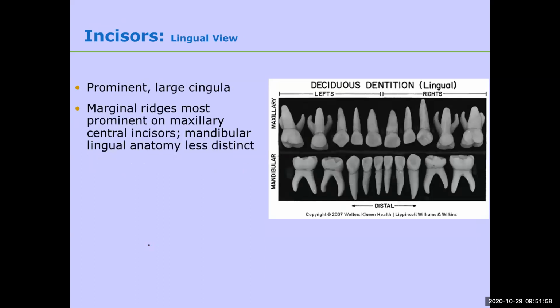From the lingual view, you've got that prominent cingula. You have those marginal ridges that are most prominent on the maxillary central incisors, and they're less distinct on the mandibular. So that is just like the permanent counterparts, right? You're going to have more anatomy on the maxillary than you do on the mandibular.